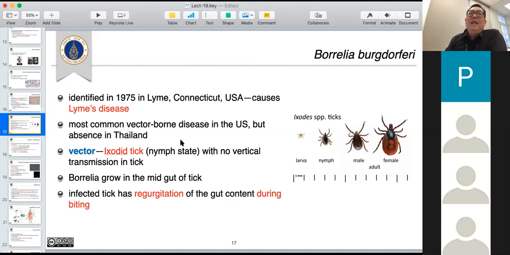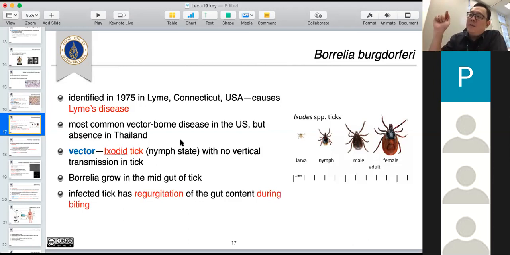So that's also the area that deer can expose to the habitat. So they leave the tick, and the tick can carry bacteria inside, okay? When the tick gets bacteria, they probably get into the tick gut, okay? They eat bacteria and it contaminates the intestine of the tick.